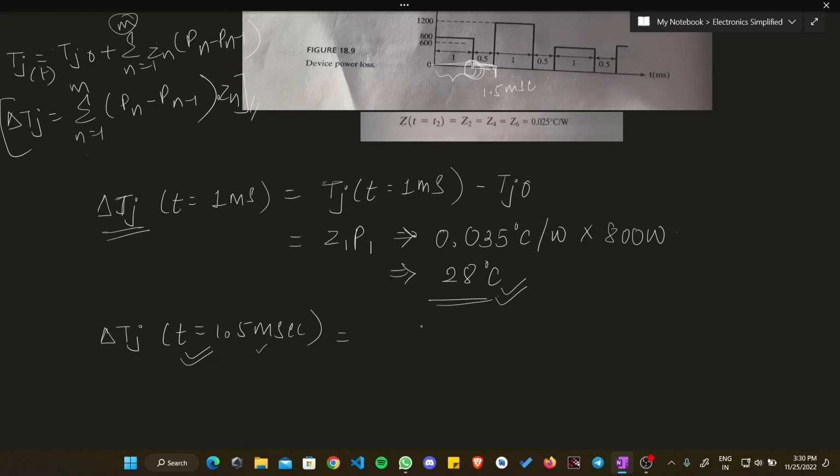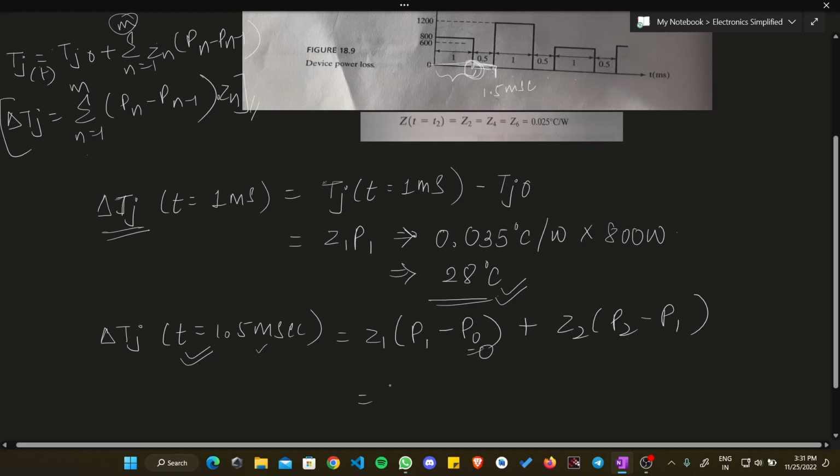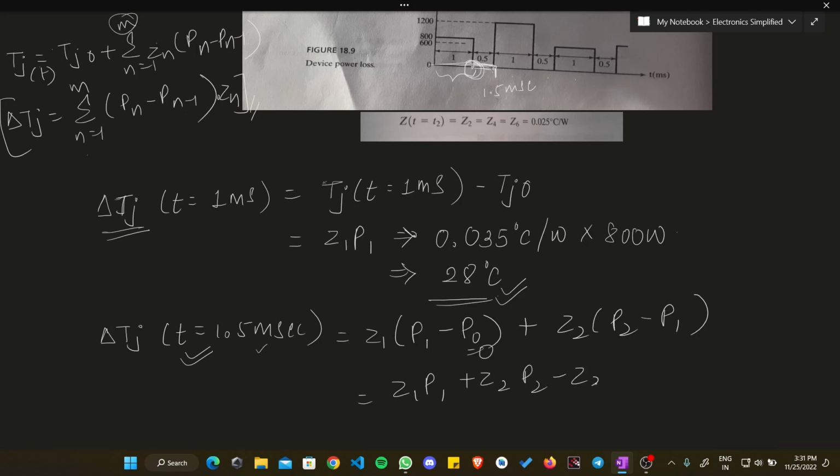If we put m equal to 2, we will get Z1 P1 minus P0 plus Z2 P2 minus P1. Now P0 will be equal to 0. So it will simplify to Z1 P1 plus Z2 P2 minus Z2 P1.